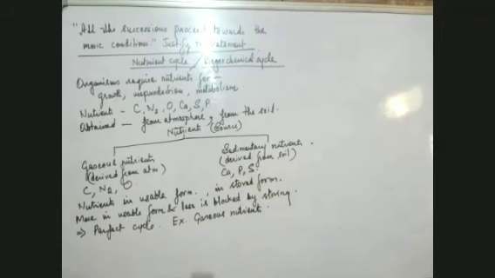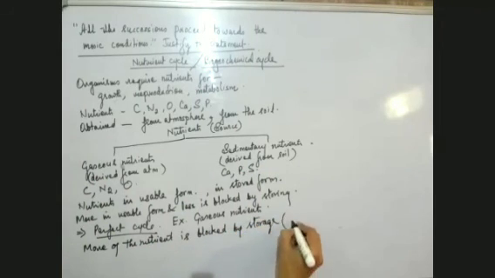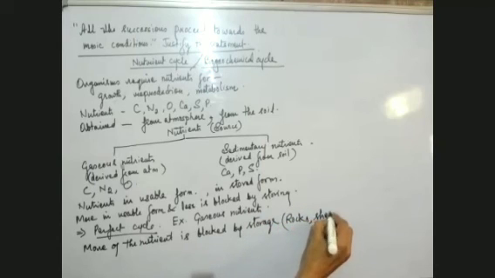Then another type of cycle is imperfect, when more of the nutrient is blocked by storage. The storage can be in the form of rocks, or in the form of shells, or many others. See, the shells have nutrients, the rocks have nutrients.